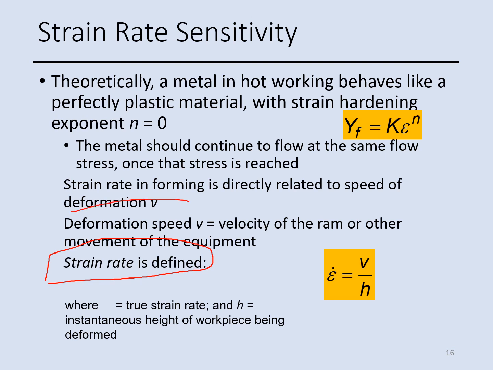If you look at this, the strain rate is defined as the velocity of the ram or the movement of equipment over the height of a workpiece, or the instantaneous height of the workpiece.